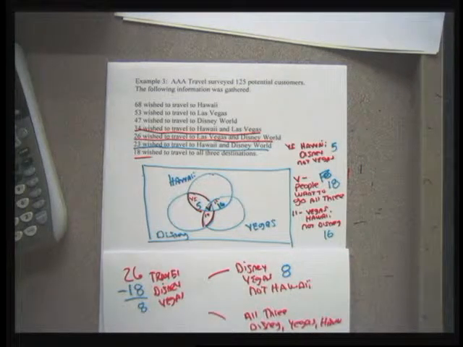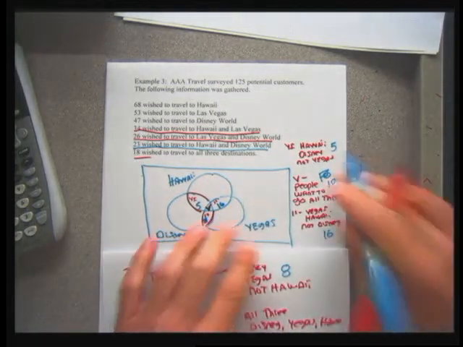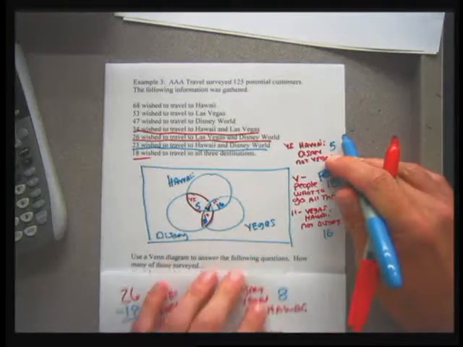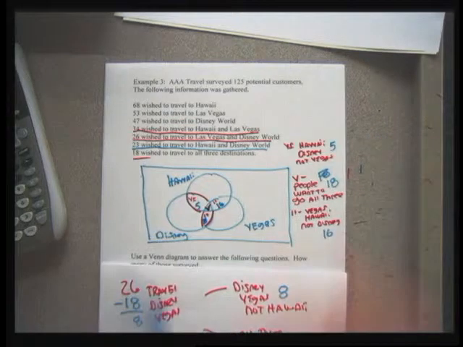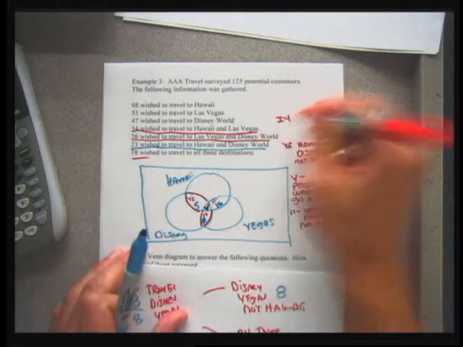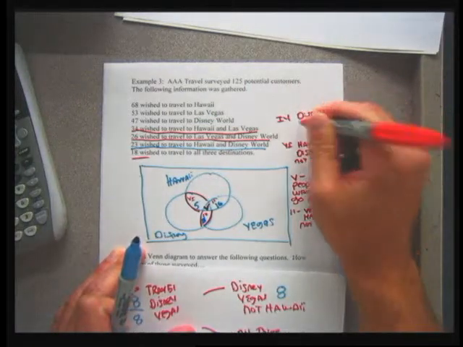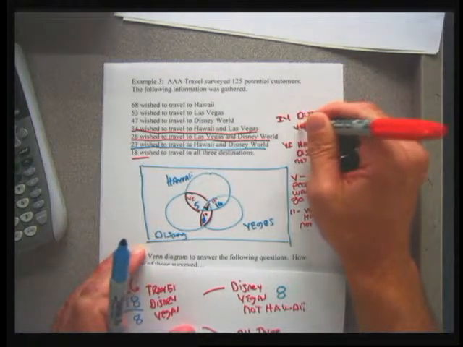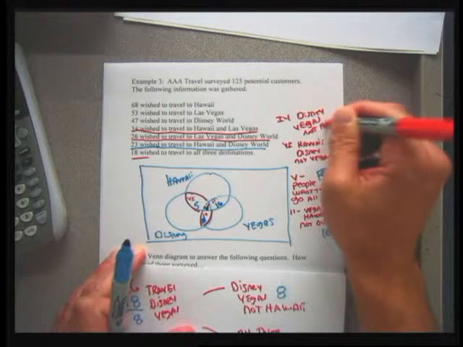They want to go to Disney, they want to go to Vegas, but they don't want to go to Hawaii. So this region 4 is an 8. There are 8 people in region 4. In this particular case, it's going to Disney, going to Vegas, but not Hawaii.